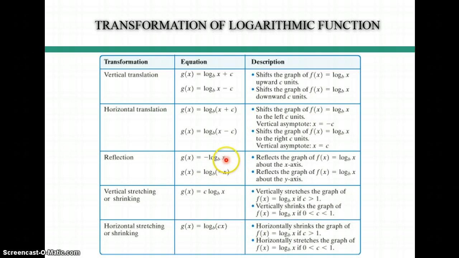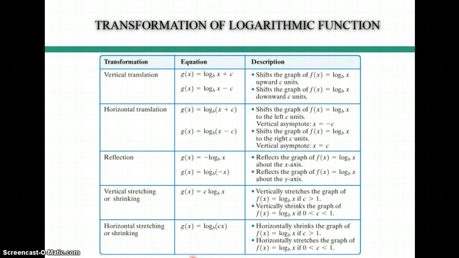Minus log base b of x reflect the graph about x-axis. Log base b of minus x reflect the graph about y-axis. C times log base b of x vertically stretch if c greater than 1, vertically shrinks if c less than 1.